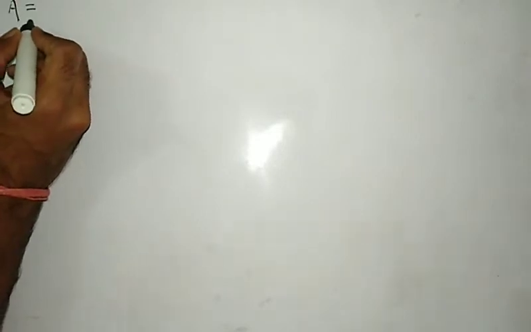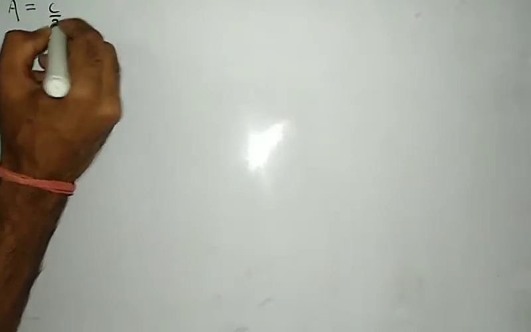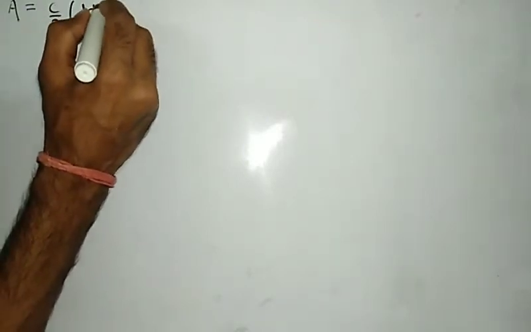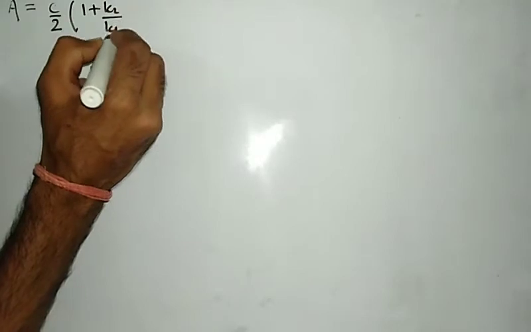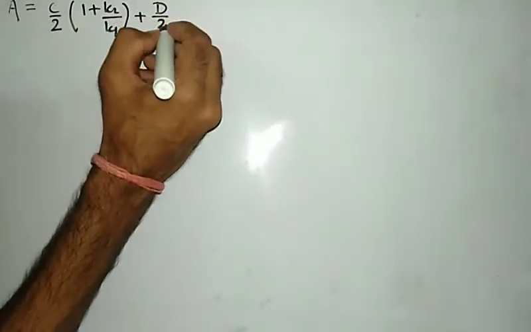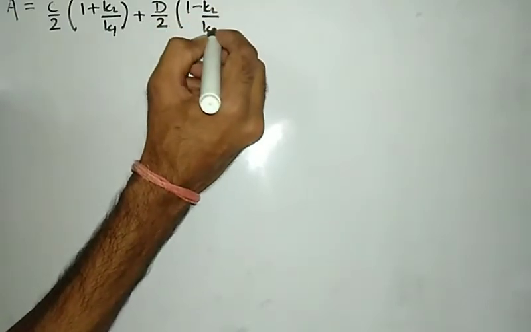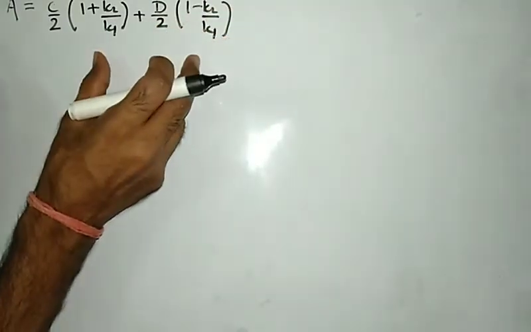For this we write a is equal to c by 2 (1 plus k2 upon k1) plus d by 2 (1 minus k2 upon k1). Just we have found this.